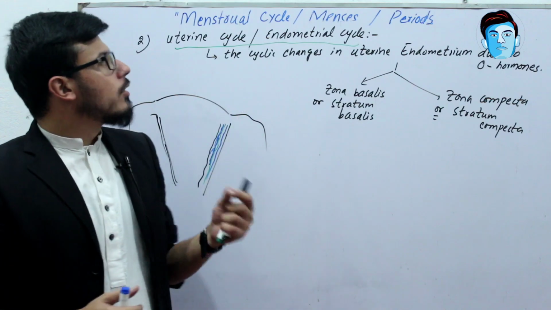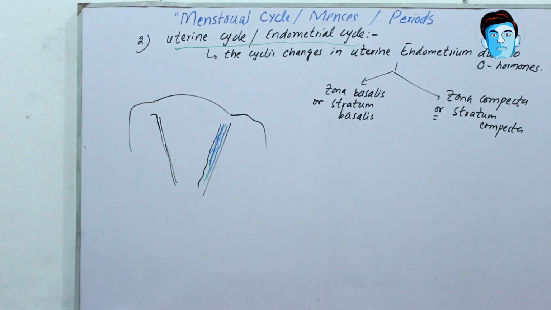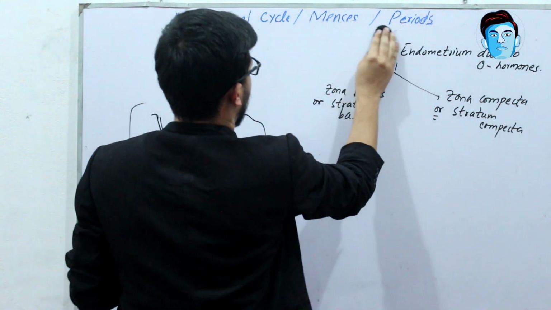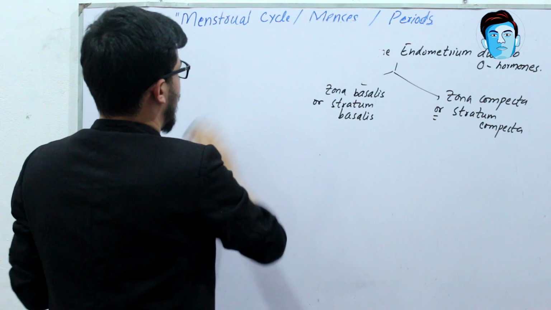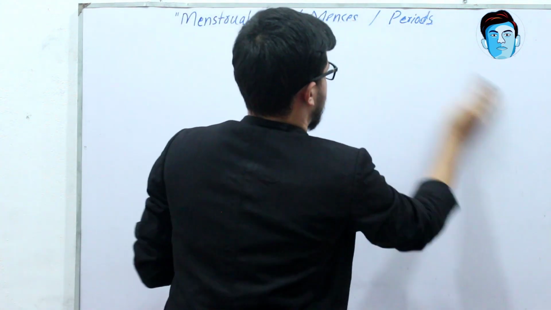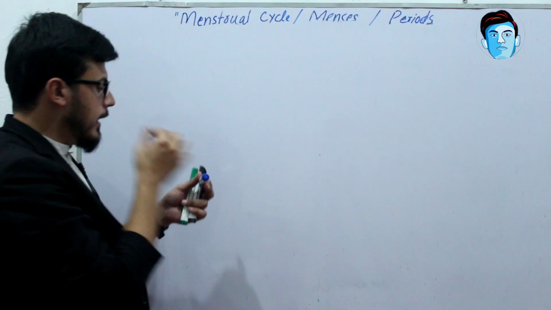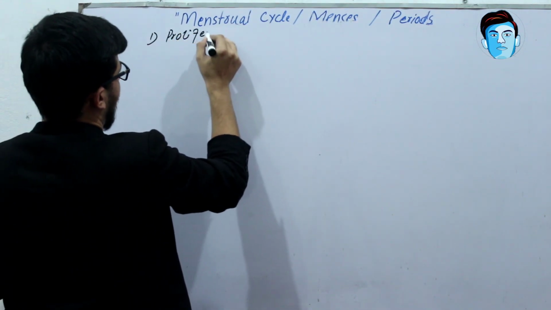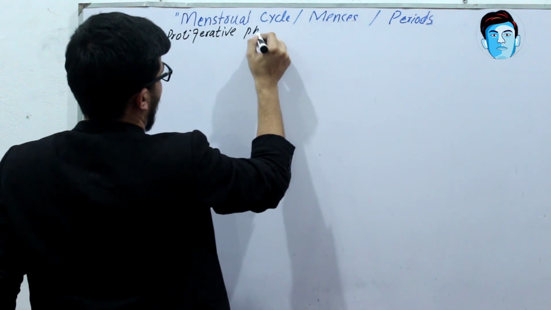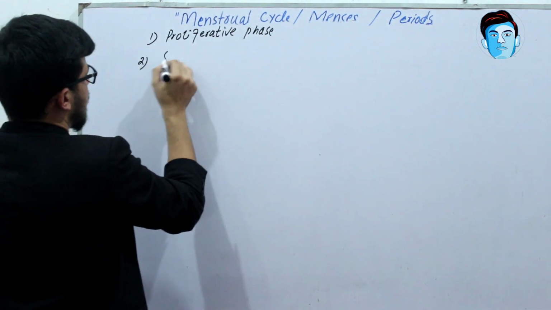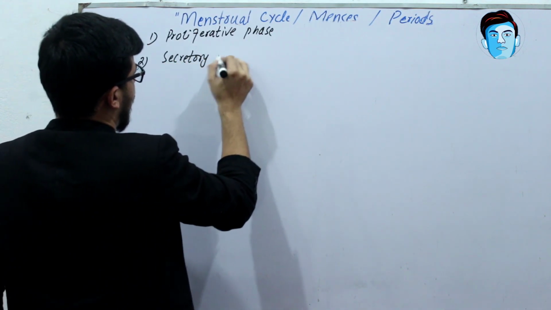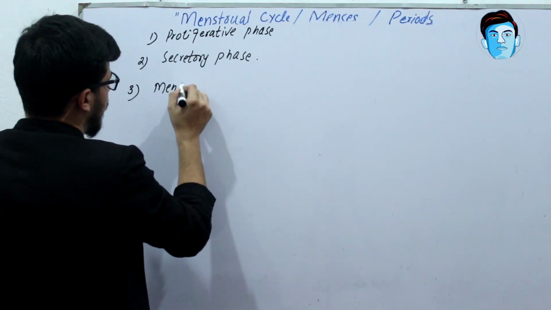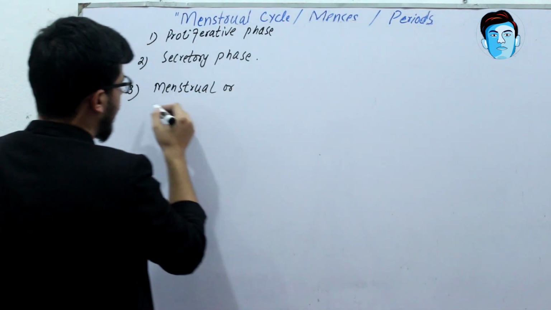Now, what are the phases of the uterine cycle, which is also called endometrial cycle? There are three phases. Second is the secretory phase, which is also called preparatory phase, and the third is the menstrual phase, which is also called bleeding phase.